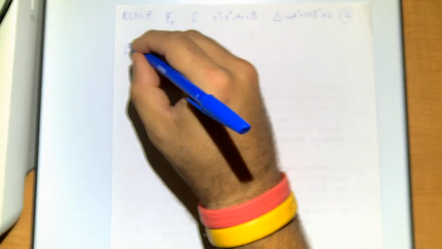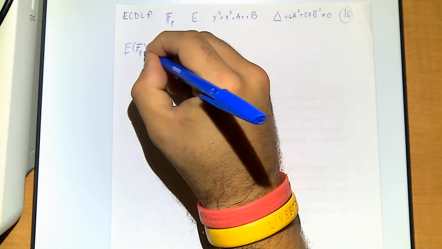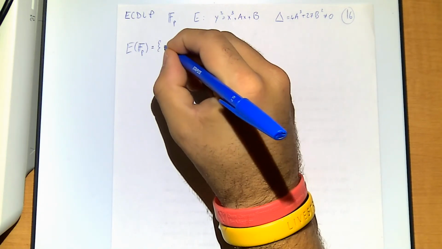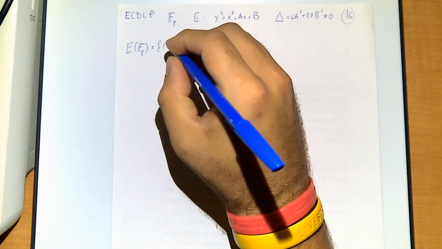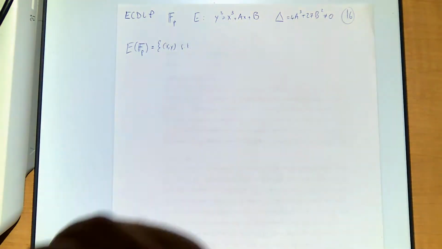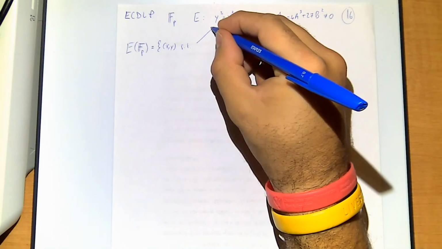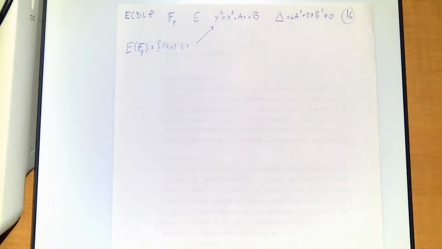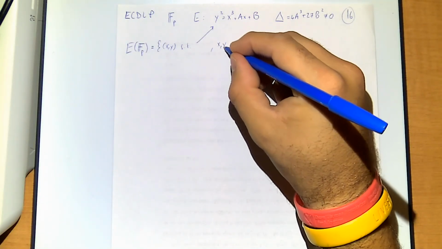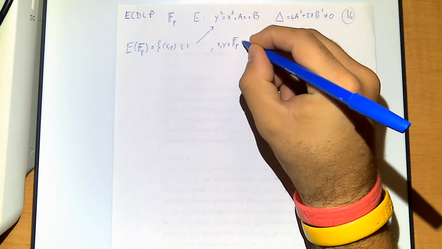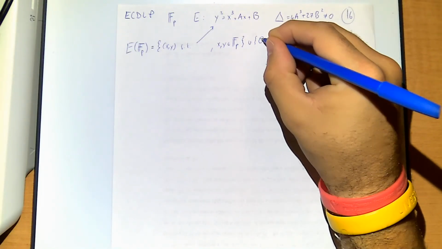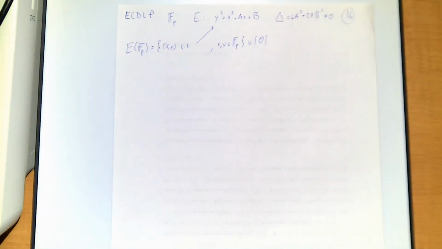So the elliptic curve defined over Fp is the set of points x, y such that this equation is satisfied, with x and y elements of the finite field. Of course, to this we have to add the point at infinity to make sure that the curve is well defined, and then the addition operation of points is well defined.